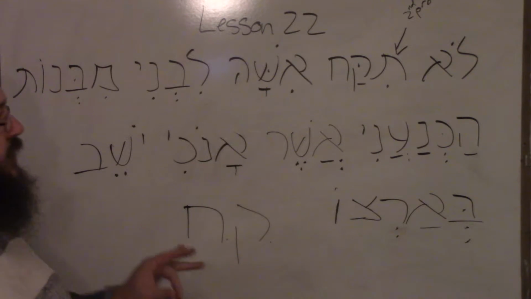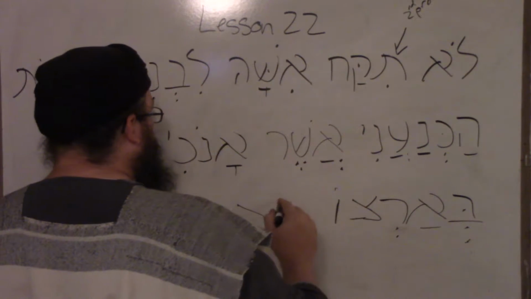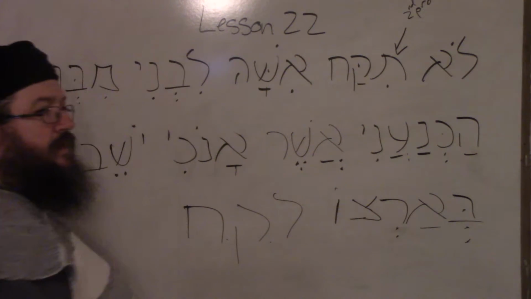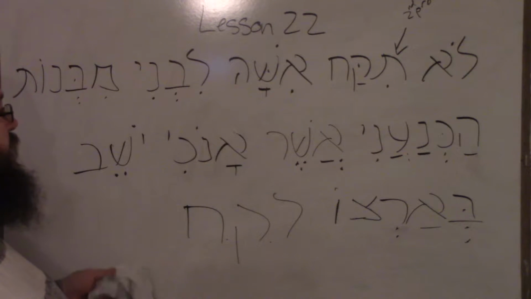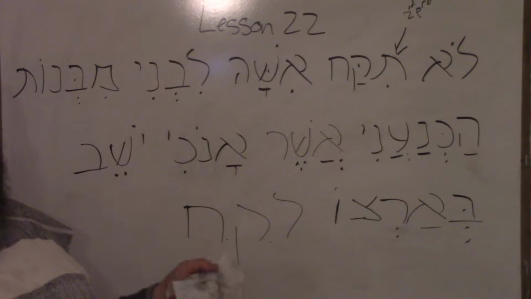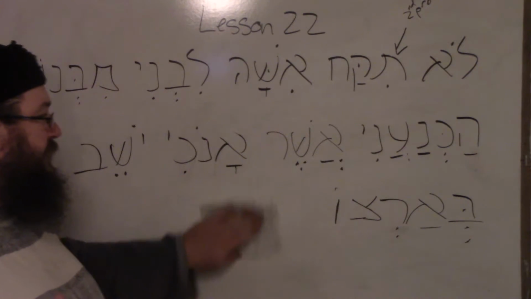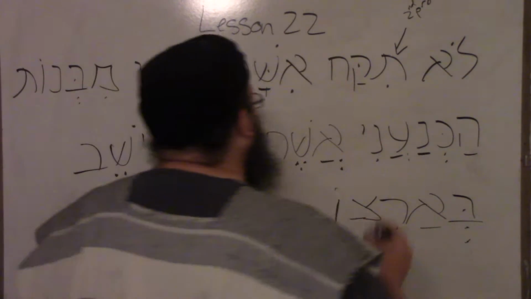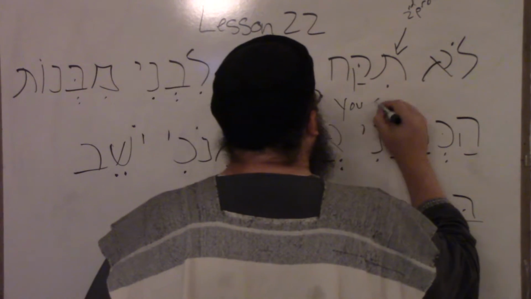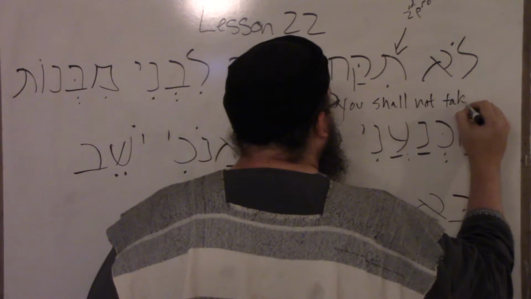So here, knowing that the dagesh is in the middle of the first root, we know that this is the lamed that's missing because we learned that root from the other time. We could go through the 6 possible roots, but we would find that none of these would make sense, so therefore we know we have to use the irregular form. So, you shall not take.